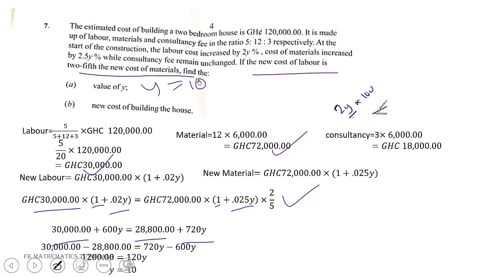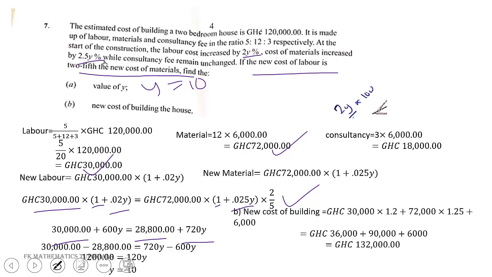To calculate the new cost of building the house, we have to apply the percentage, the 10%. So for the labor, it becomes 20%. Then for materials, it becomes 2.5 times 10, which is 25% increment.